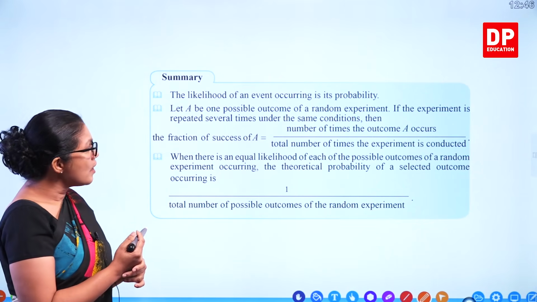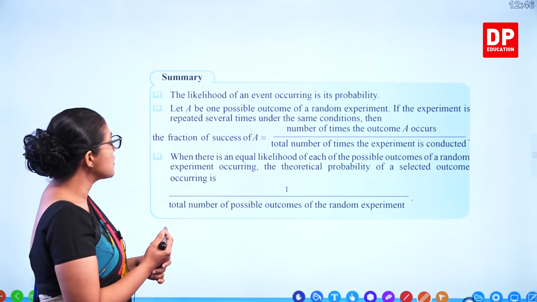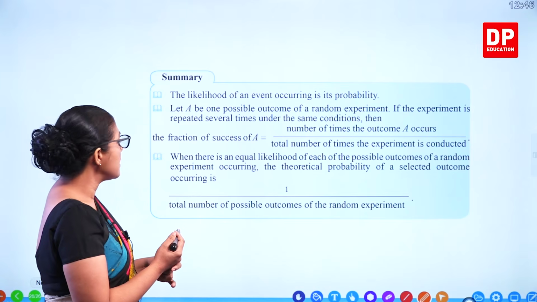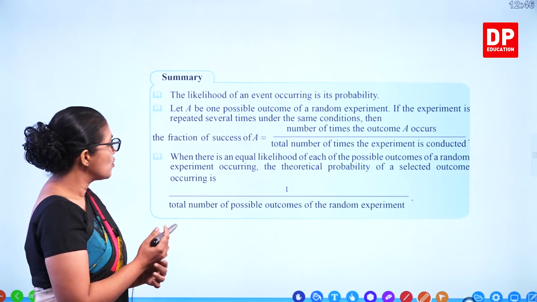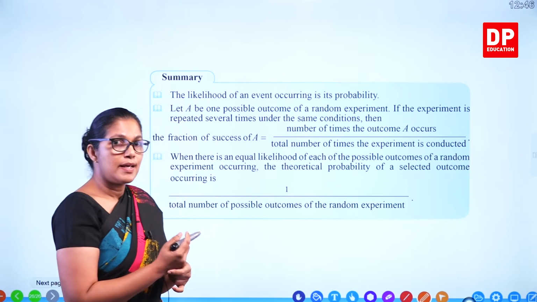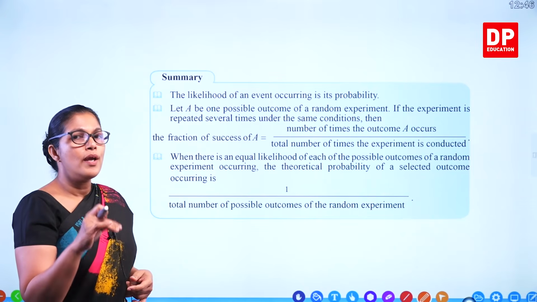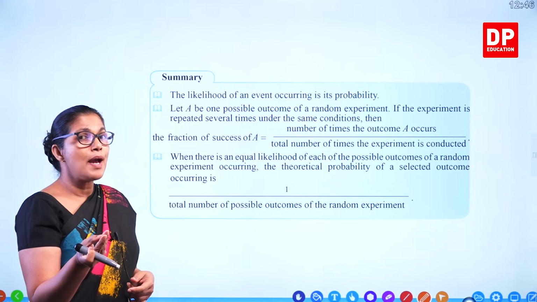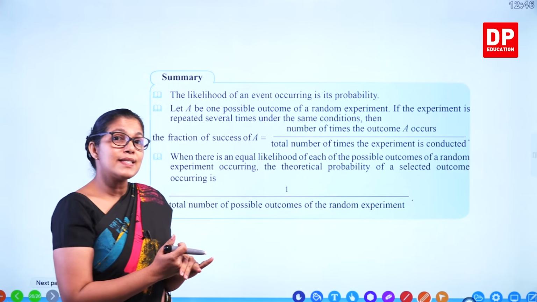When there is an equal likelihood of each of the possible outcomes of a random experiment occurring, the theoretical probability of a selected outcome occurring is 1 over the total number of possible outcomes. That means if it's a coin, 2 sides are there, 1 over 2. If it's a die, 6 sides are there. What's the probability of getting any number? 1 over 6.